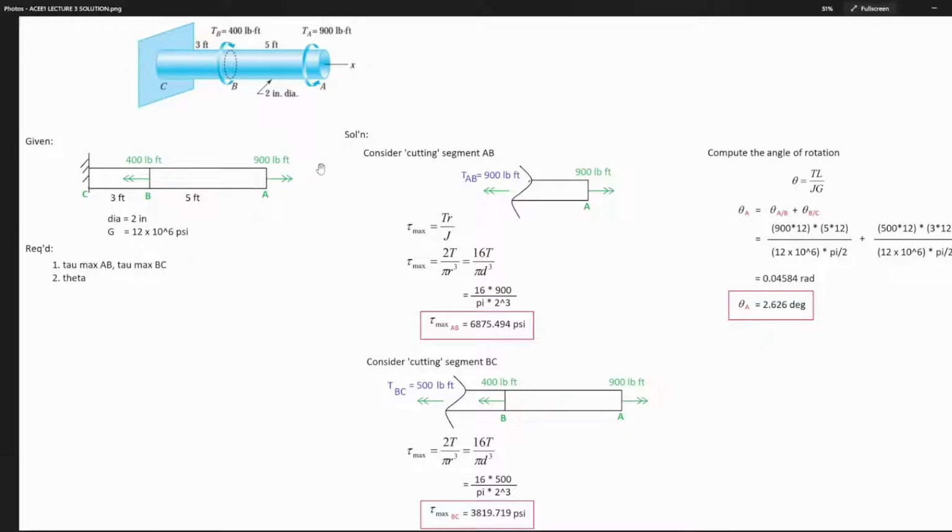Let us remember, what is the formula for theta? Theta is equal to TL over JG. And then, theta A, the rotation at A, is equal to theta A over B plus theta B over C. What does it mean?